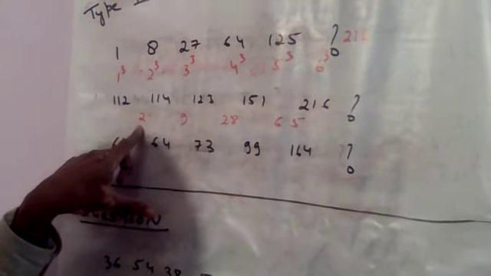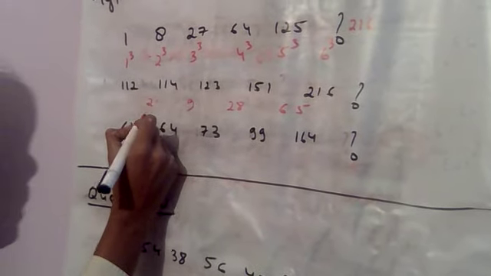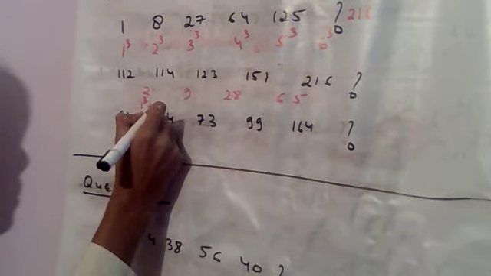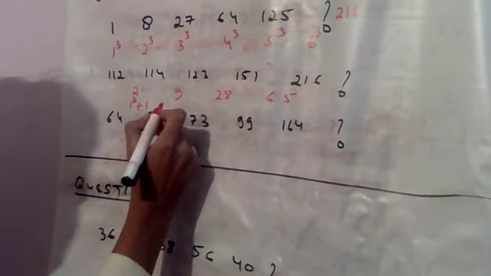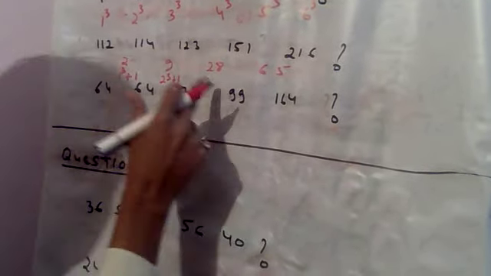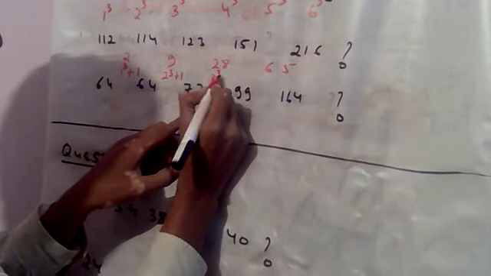Here we can see it's 2. So 2 can be written as 1's cube plus 1. Here the second number is 9. It can be written as cube of 2 plus 1, that is 8 plus 1, 9. Here it is 28, that is cube of 3 plus 1, that is 27 plus 1, 28.